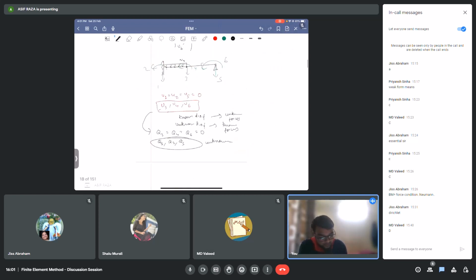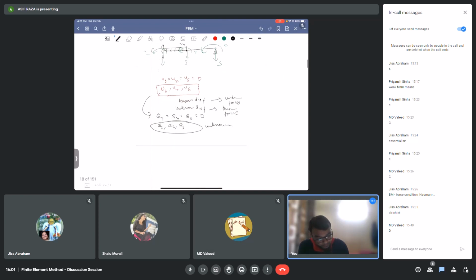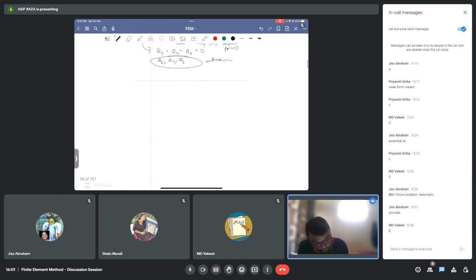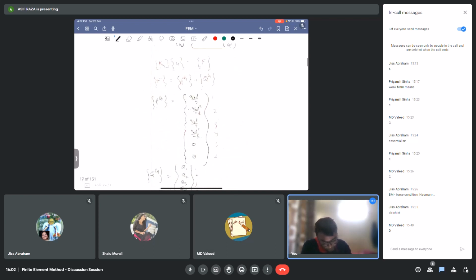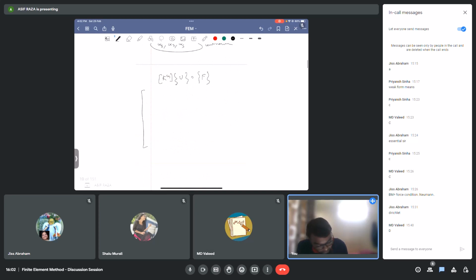Now let us do the assembly. Okay, so we have to write Kg times u equal to F, right? So that's a very big question. How do we solve it? So we have u1, u2, u3, u4, u5, u6.